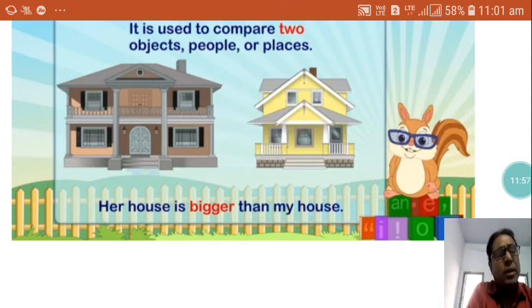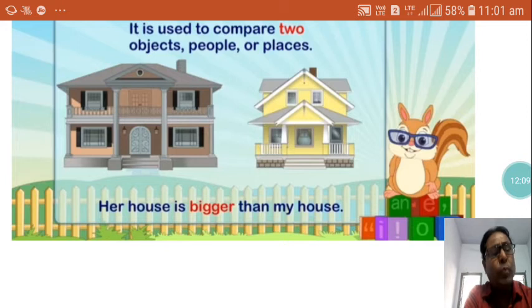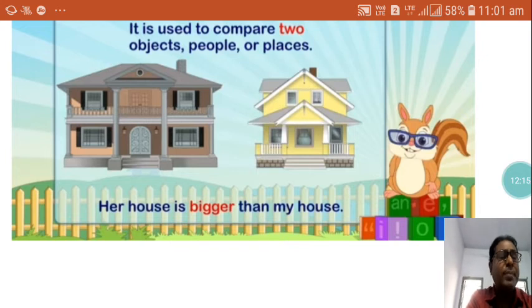Adjectives of two syllables or more than two syllables are followed by more in the comparative form and most in the superlative form. So be very careful when you use comparative and superlative of an adjective which is of two syllables or more.